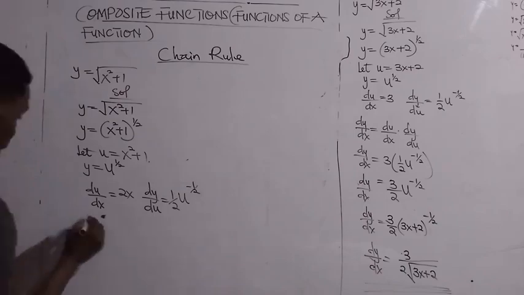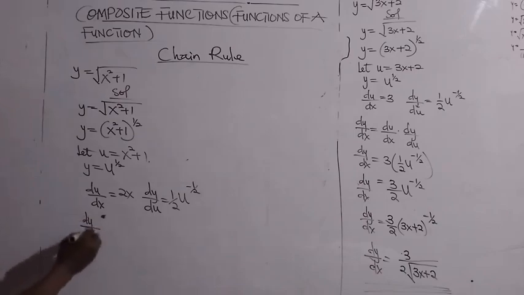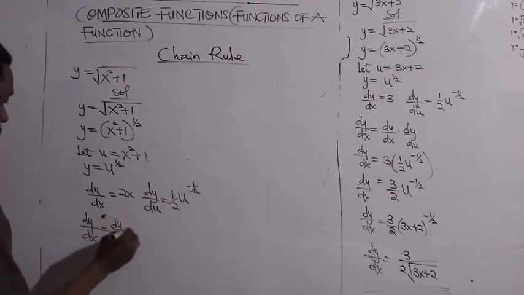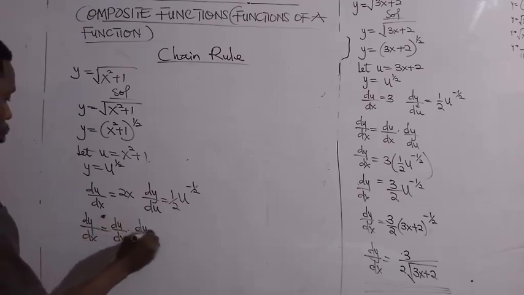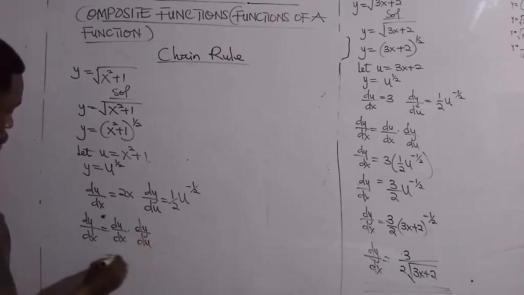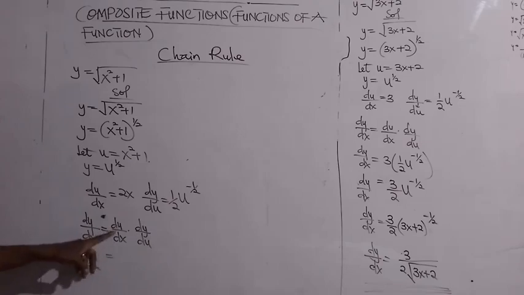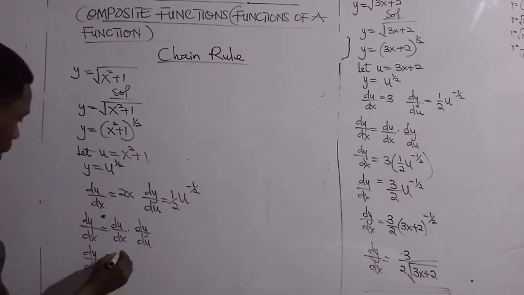Then with that, our dy over dx will be equal to du over dx multiplying dy over du. So we continue. The du over dx is equal to 2x.